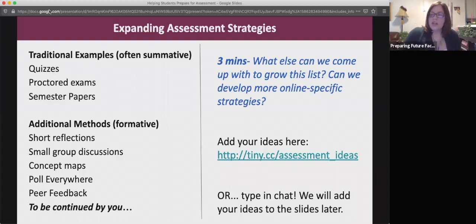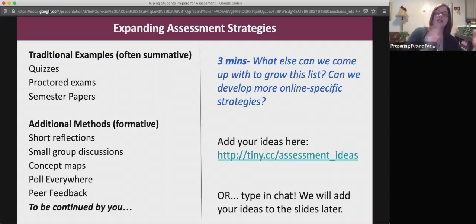So what I want to do, let me check the time. Do you see on the right side of the screen, we have a tiny link. If you are able, I would love to take a minute and just see if you have any other ideas. And if you would like, please feel free to add them to that shared Google Doc right there, because our goal here is to develop even more methods.